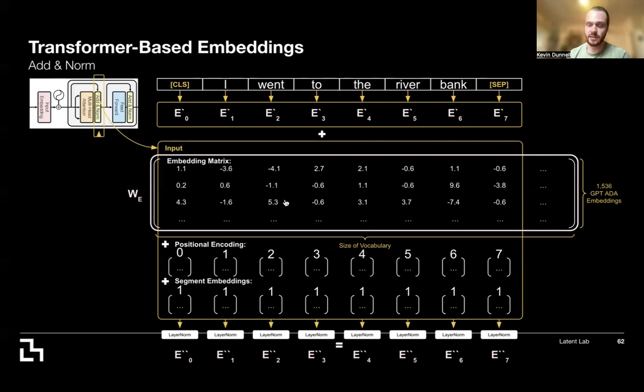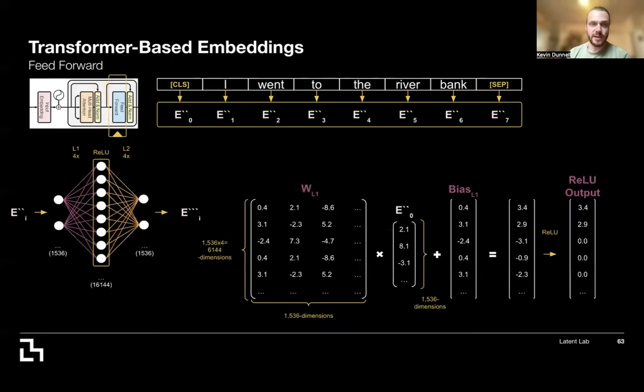This is done by subtracting the mean and dividing by the standard deviation across its embedding dimensions. And then we finally arrive at this: we have updated token embeddings after the add norm process.